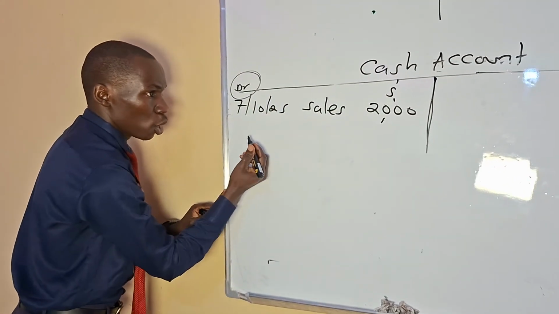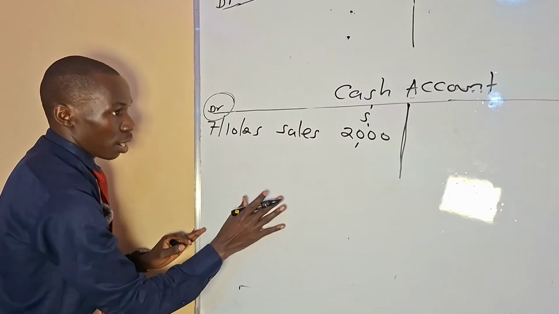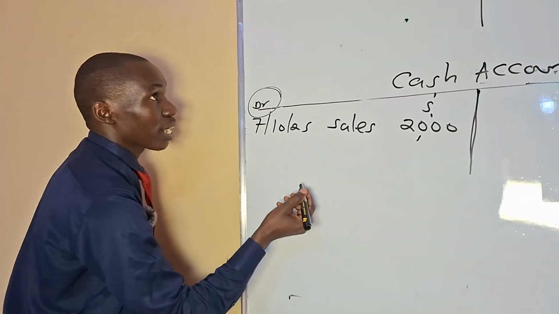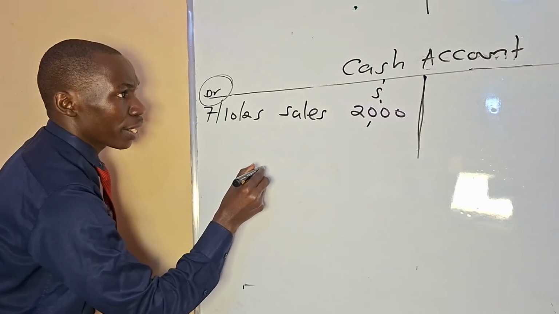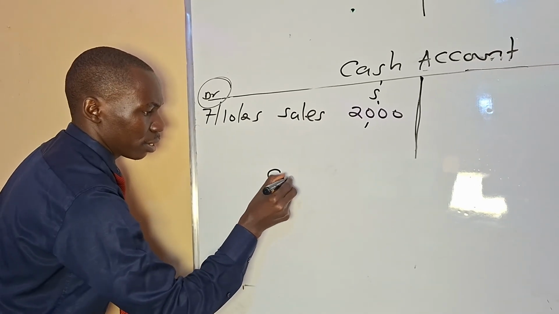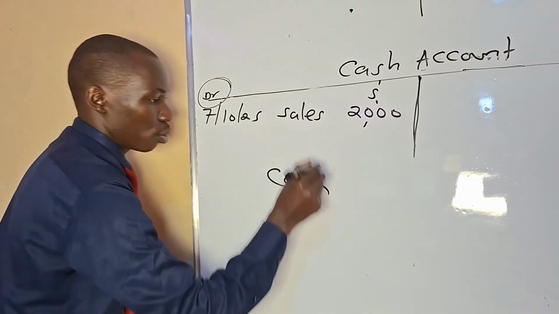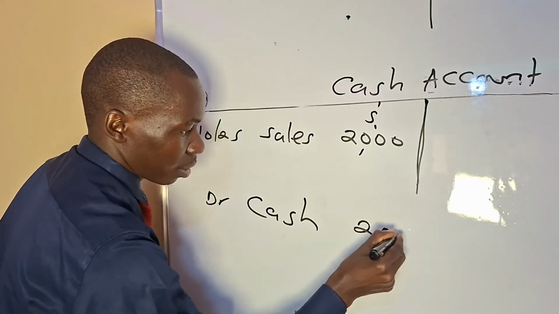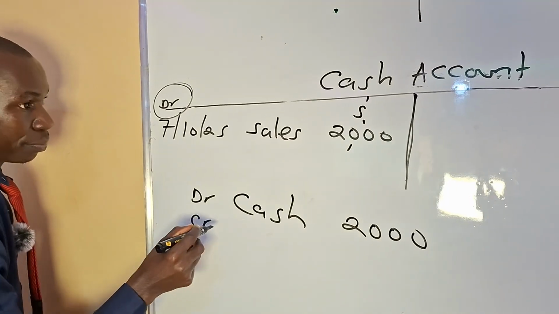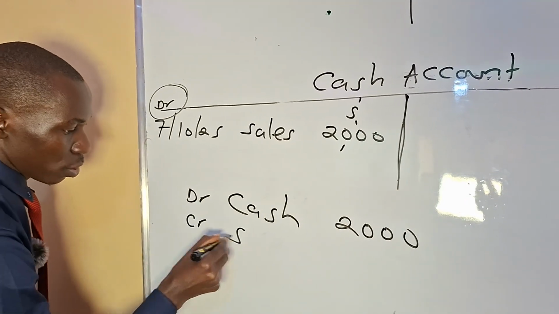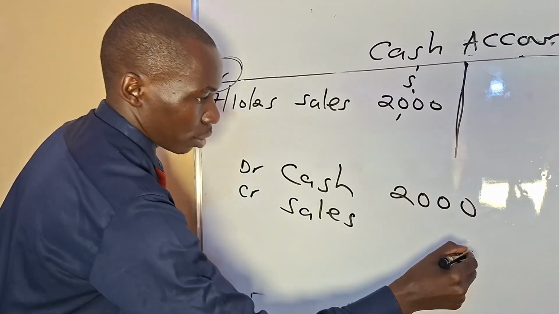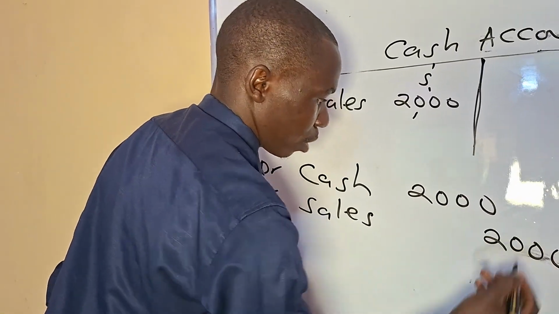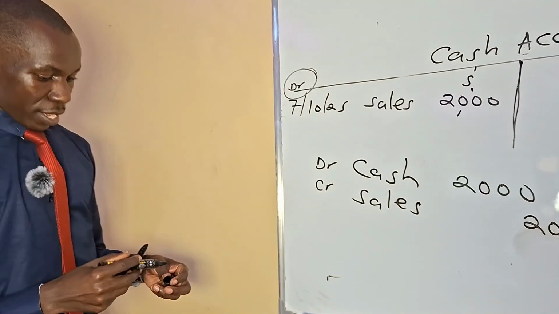For example, instead of using the ledgers, you can just say, cash, you debit cash by 2,000, and you credit sales by 2,000. You can post them.